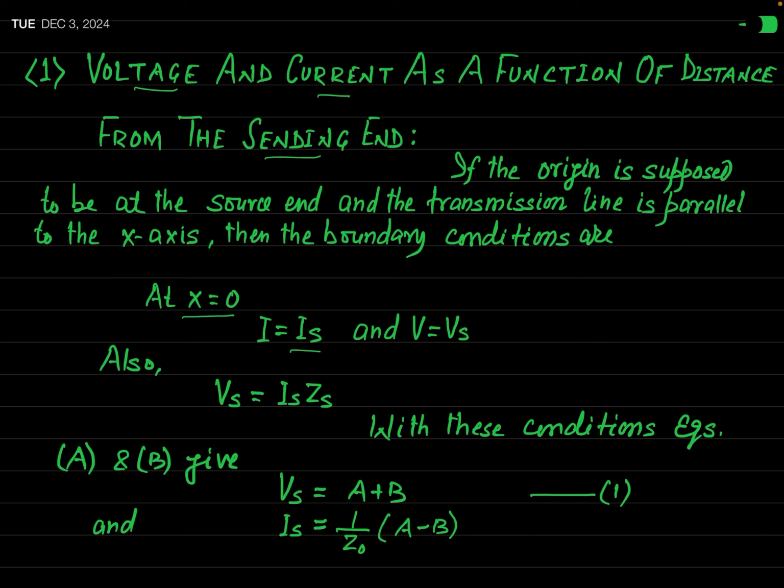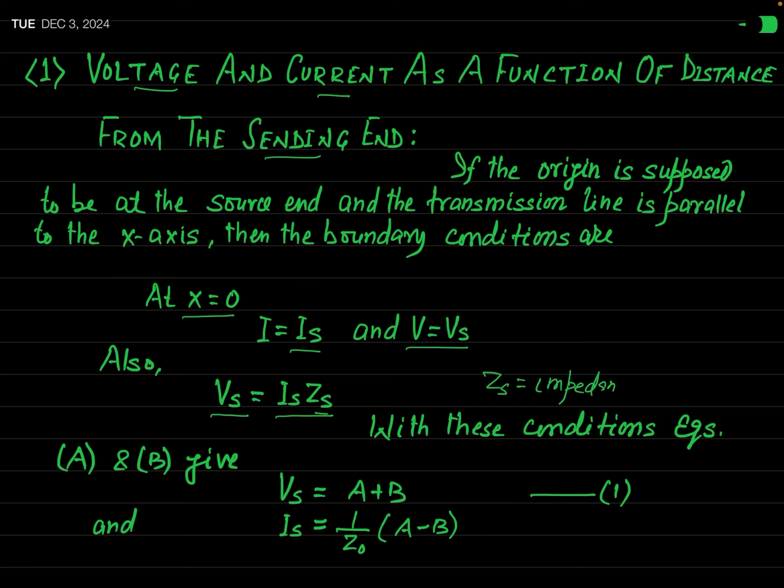Here the subscript S appears for the source, or the sending end. And the voltage at the sending end is equal to Vs. Therefore you can say that this Vs will be equal to Is times Zs, where Zs is the impedance of our source.